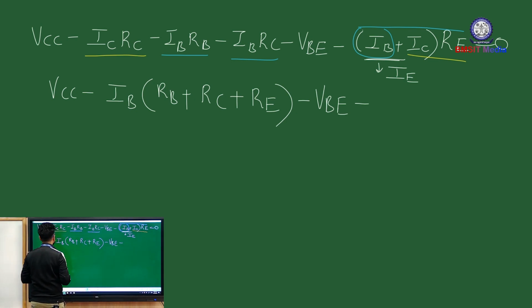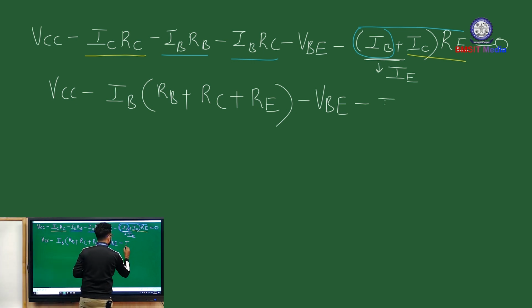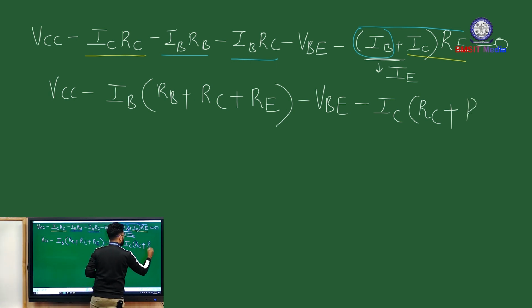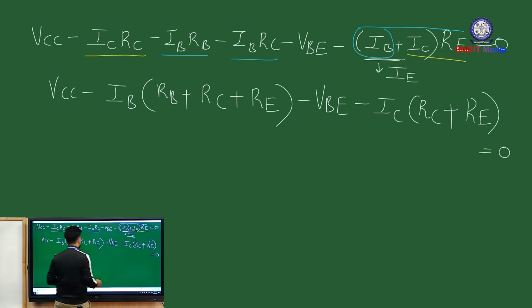So here we have ICRC. So keeping IC outside the bracket, you have RC plus RE, is equal to 0.